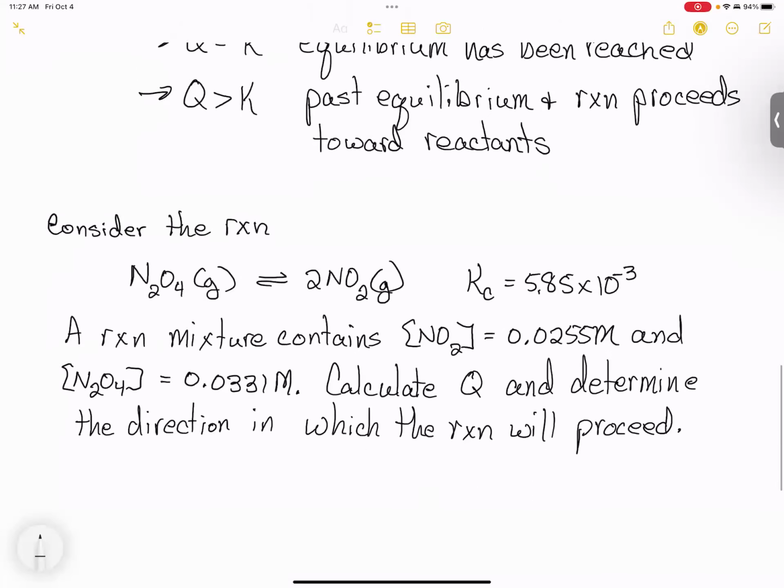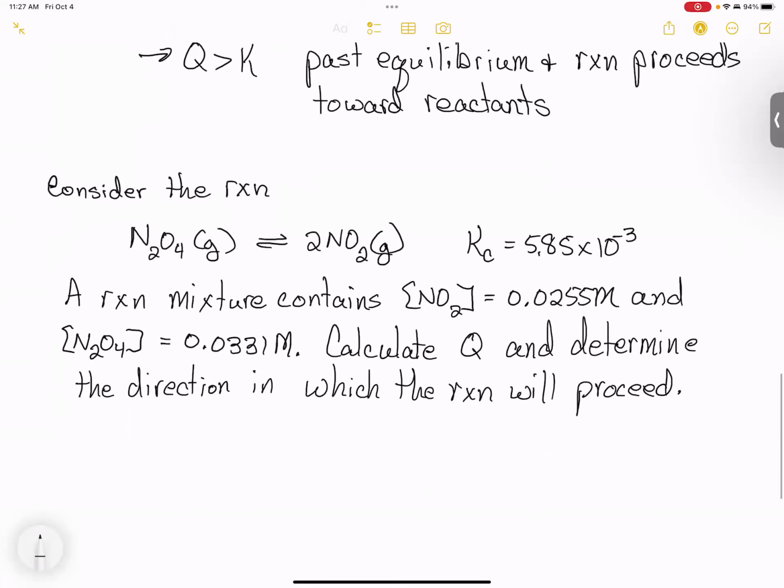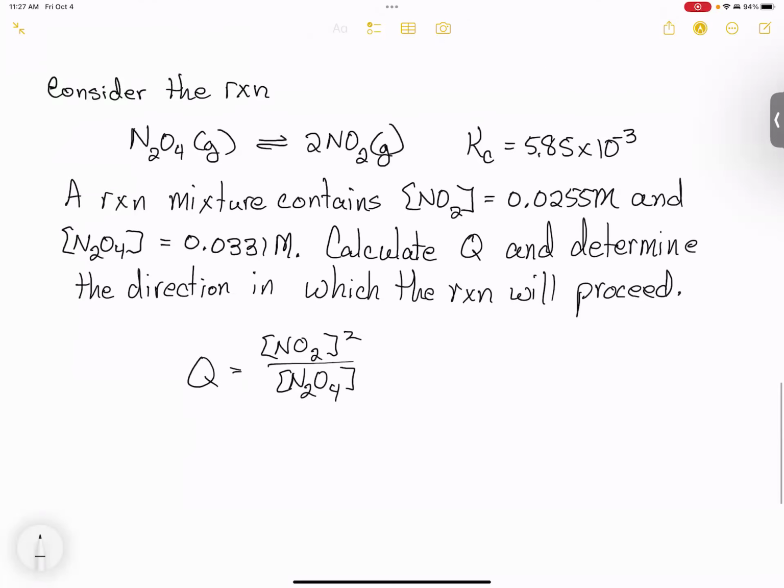Okay, again, Q is calculated identically to K. So Q for this reaction is going to be equal to NO2 squared divided by N2O4. So our Q is going to equal 0.0255 squared divided by 0.0331.